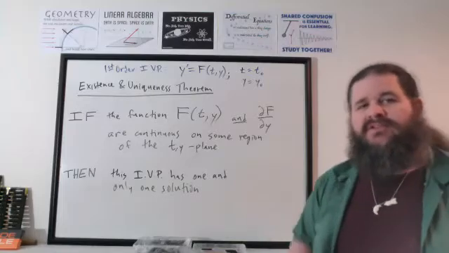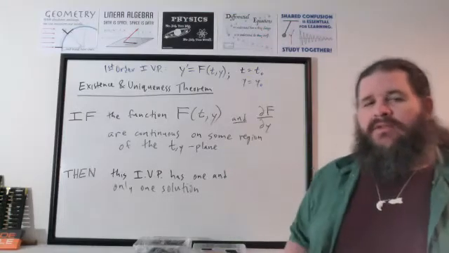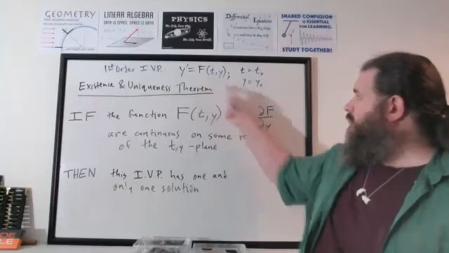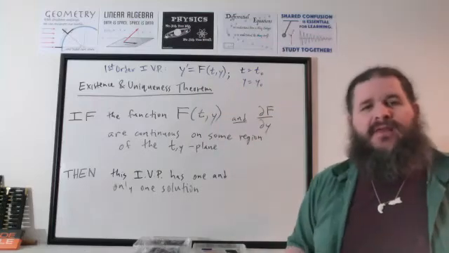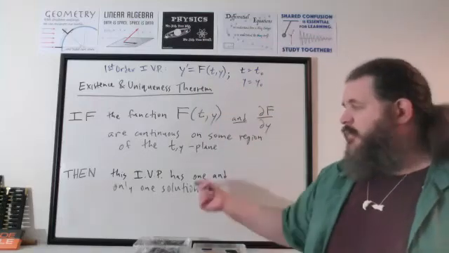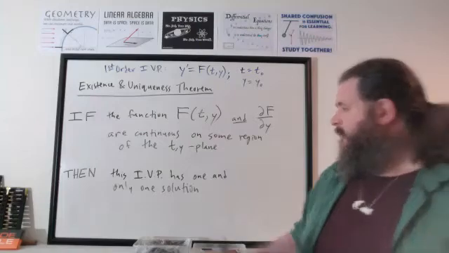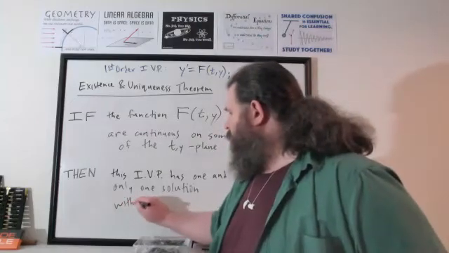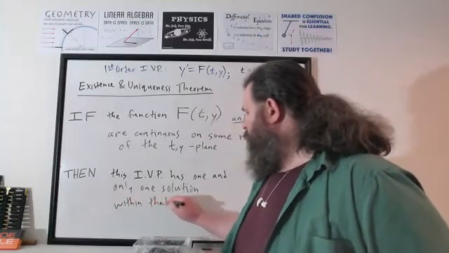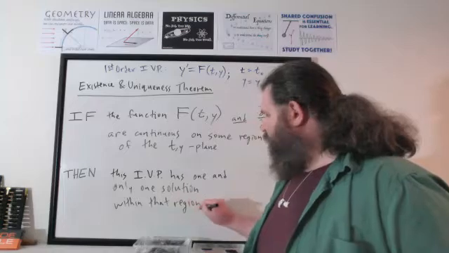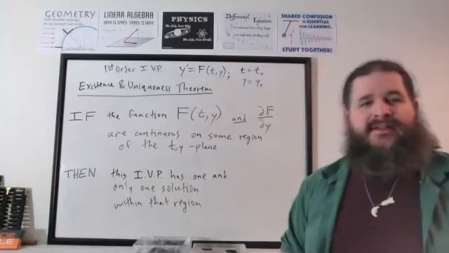As long as we can establish some region of space where those functions, the function and its derivative, are continuous, then within that region, we can guarantee there's one and only one solution of the initial value problem. Beyond that region, we can't guarantee anything.